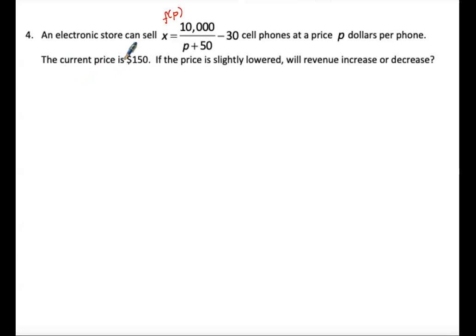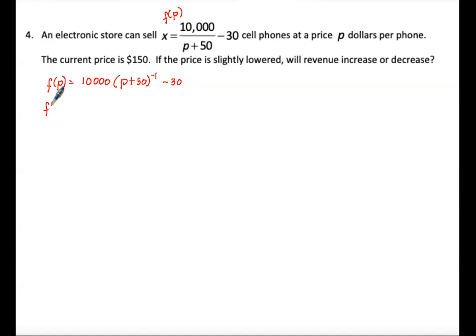Okay, so first let's find our F prime. Let me rewrite F of P so that we can apply the power formula. Bear with me here. This part can be written as 10,000 times (P plus 50) raised to negative 1, then minus 30.